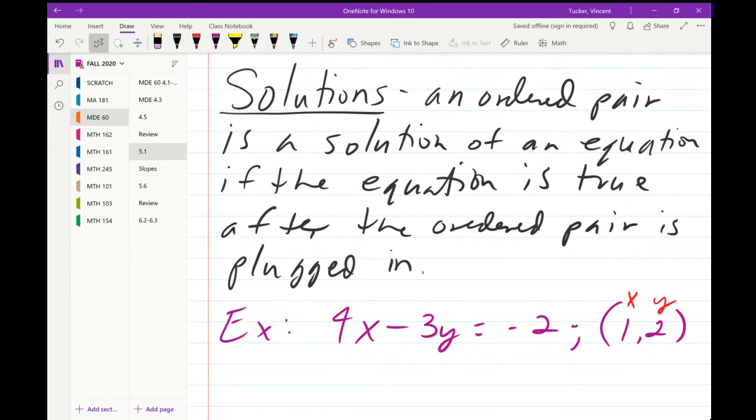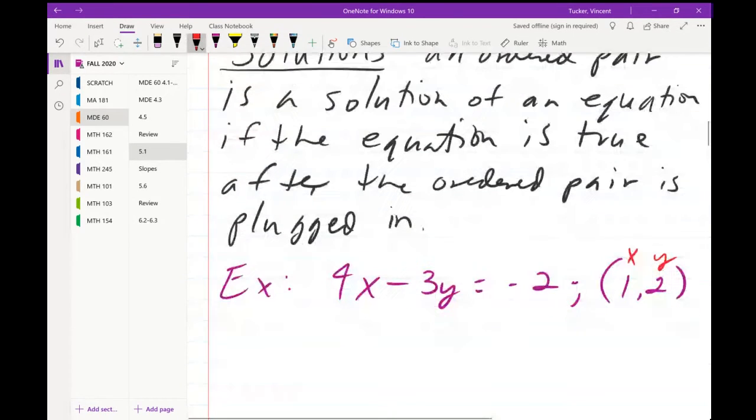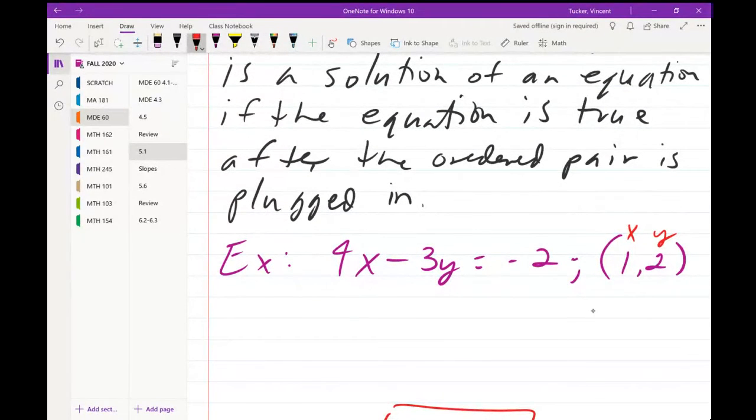So 4x minus 3y equal to negative 2. The ordered pair they want us to test is (1, 2). And don't forget, the first component of your ordered pair is always x. The second part is y. So you plug those values in accordingly and see if a true statement is created.